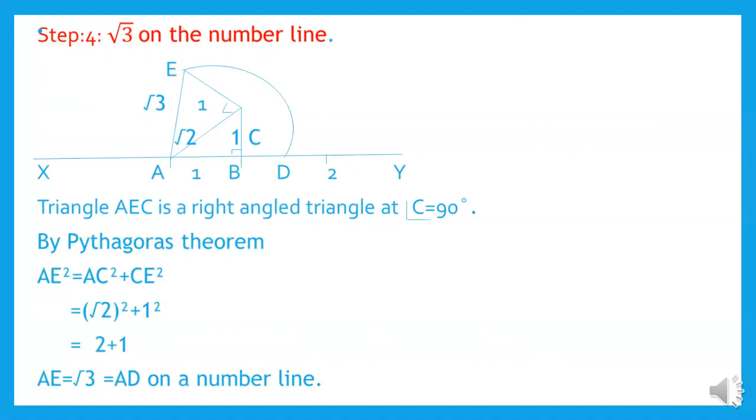Now again here AE, you can take it as a radius, A as a center, draw an arc which touches your XY line segment at D. Now AE and AD are the radii of the same circle. We already know that radii of the same circle are always equal. Then AE is equal to root 3, and AD is root 3 on a number line.